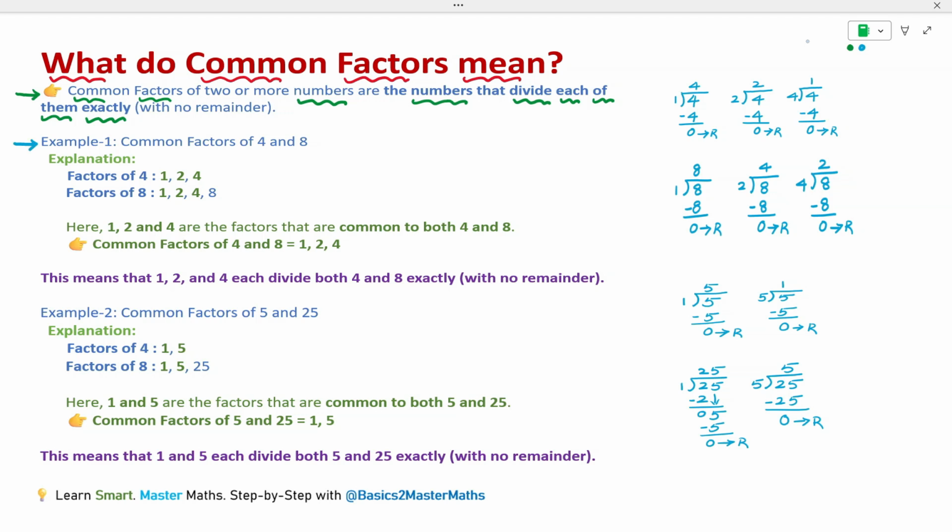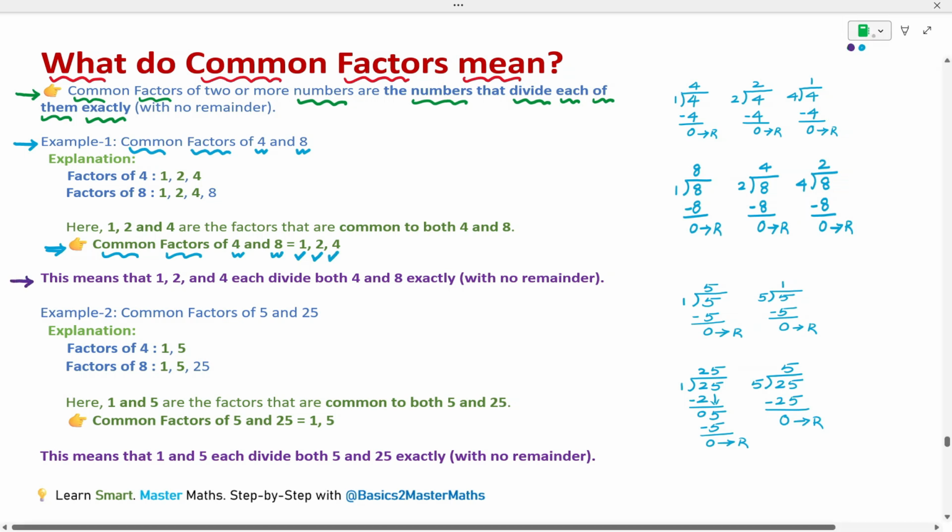Example 1. Common factors of 4 and 8. We know that common factors of 4 and 8 are 1, 2 and 4.